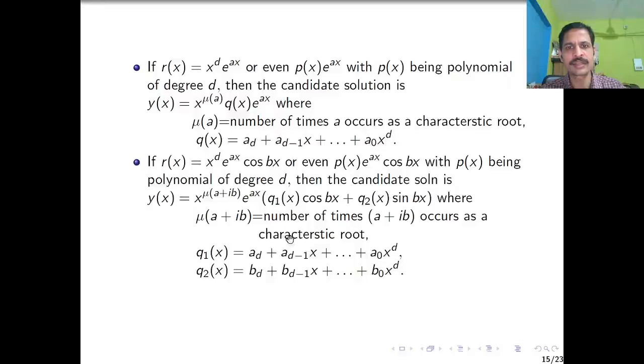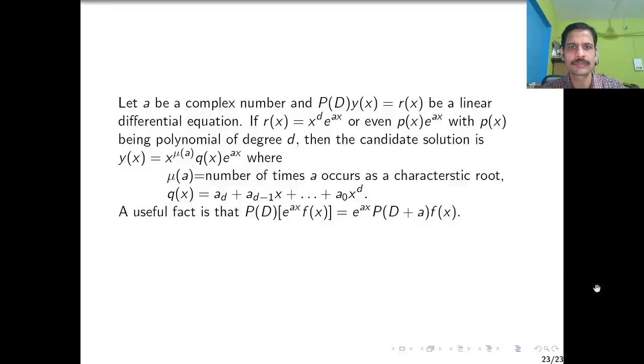So we can use another method. This method will be shorter in some cases.